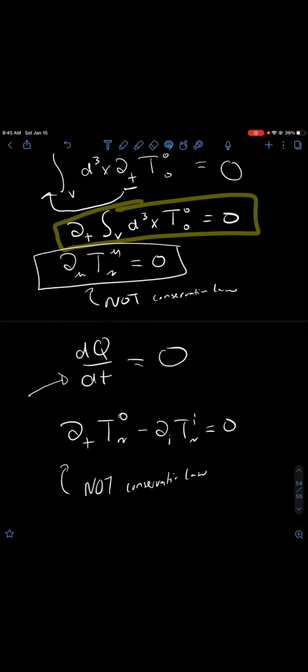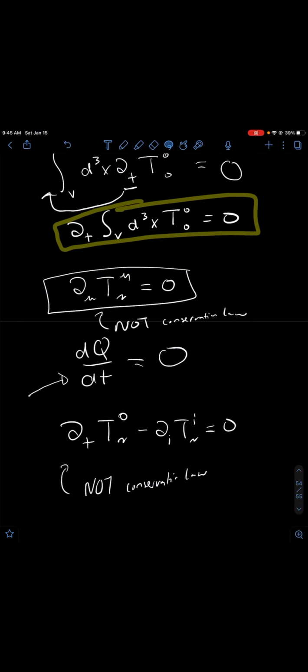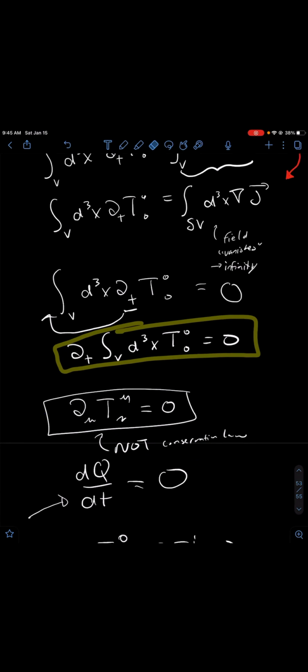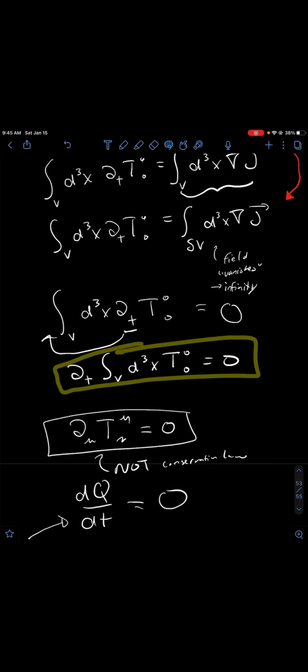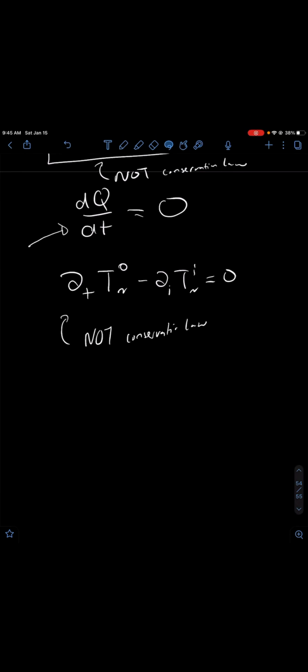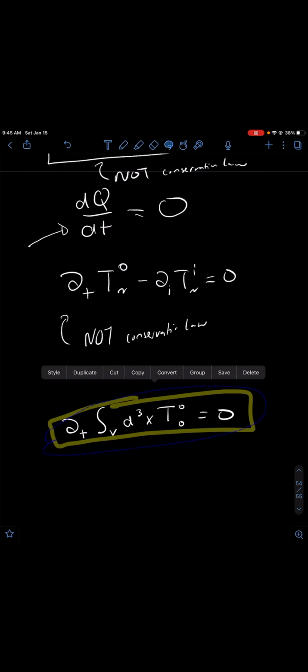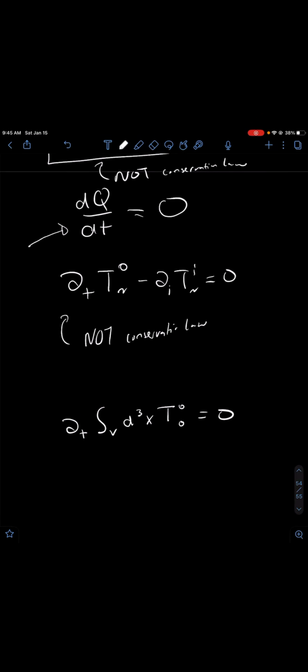Let me move these things down a bit to make some space. Let me copy and paste this down here. This is a conservation law because the time derivative, ∂/∂t, of this entire thing is 0.